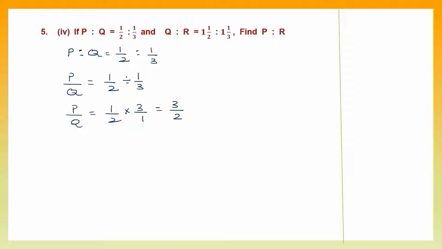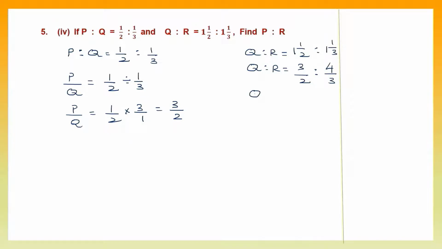Now on the other side, Q is to R equals 1 1 by 2 is to 1 1 by 3. Let's convert this: 2 1s are 2 plus 1, 3 by 2, is to 3 1s are 3 plus 1, 4 by 3.